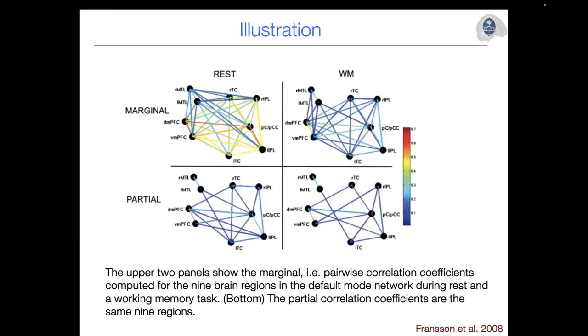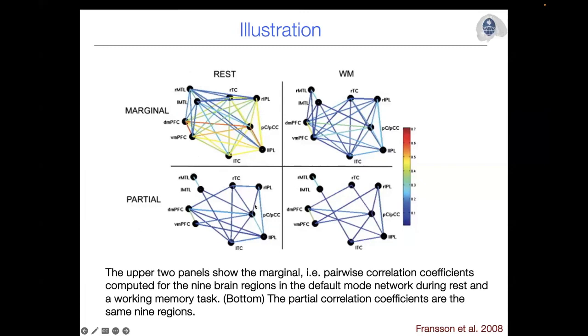But this is showing some of the differences between these. If we just do standard correlations between different brain regions, almost everything is going to be connected in some way, because if this guy and this guy are correlated and this guy and this guy are correlated, then presumably those two regions will also show a correlation.